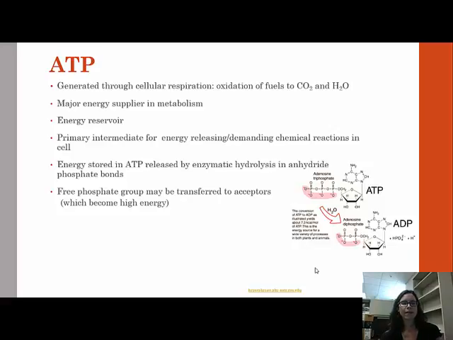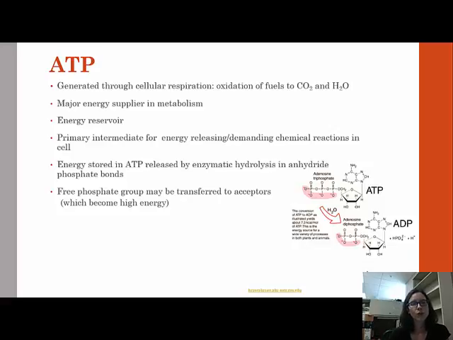In that way, we can look at this little graphic here, and we can see we have ATP here, 3 high energy bonds, and these can be enzymatically lysed so that it would create ADP plus inorganic phosphate, plus release all of the energy that was stored in the bond of that terminal phosphate. So in that way, ATP is a primary intermediate for energy releasing and demanding chemical reactions in the cell because it allows us to utilize the energy when we need it.